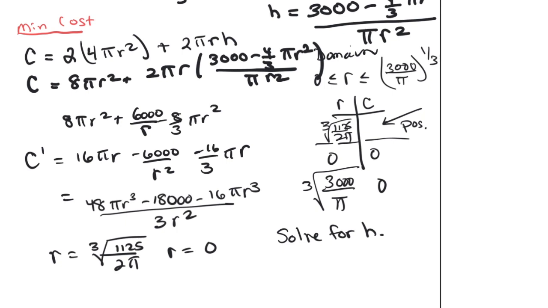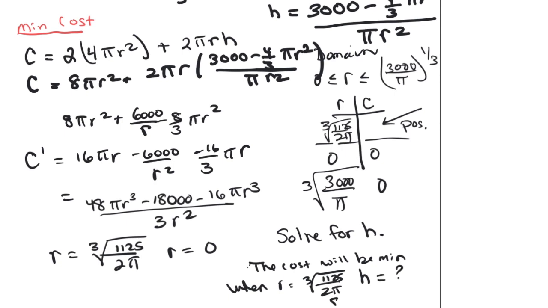Make a statement that the cost will be minimized when r equals the third root of 1125 over 2 pi, and h equals, and you better find that, from the first derivative test.